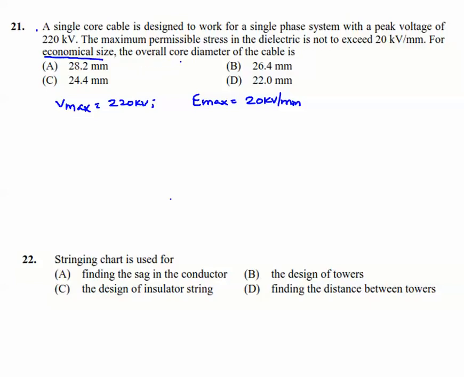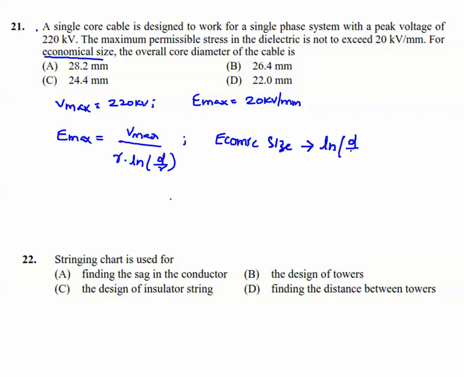The general formula for this problem is E max equals V max divided by r, that is the radius of the conductor, into ln of d by r. For economic size of the conductor, this term ln of d by r is going to be 1, or d by r is going to be e.